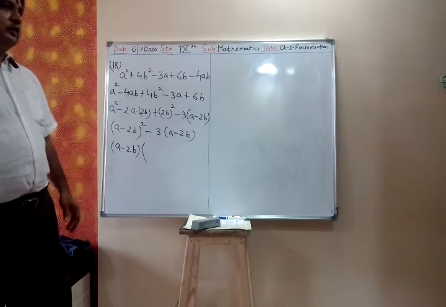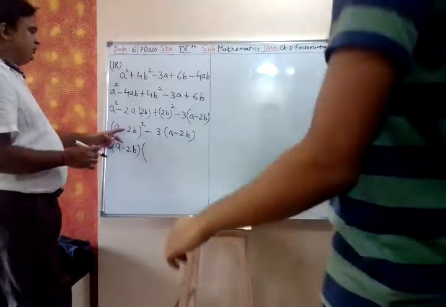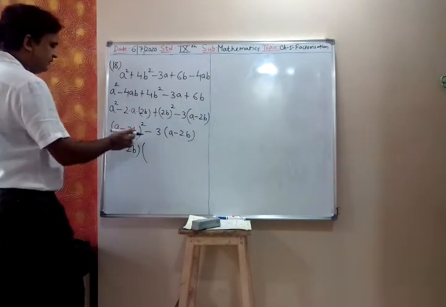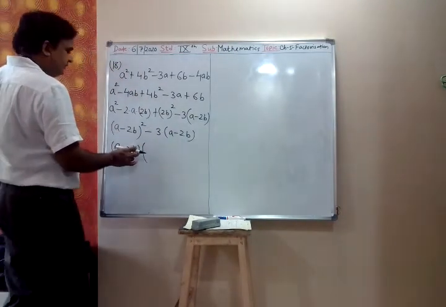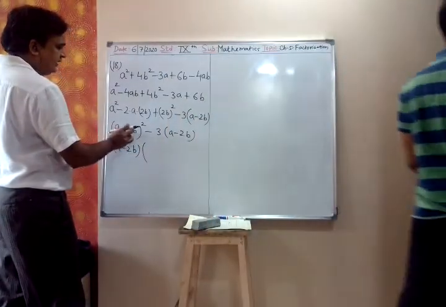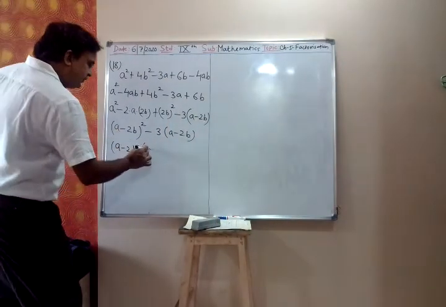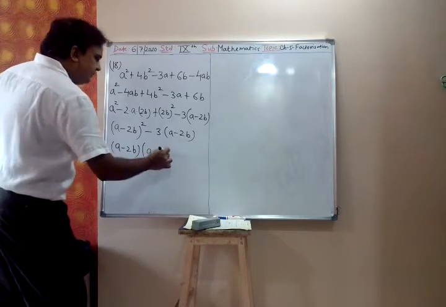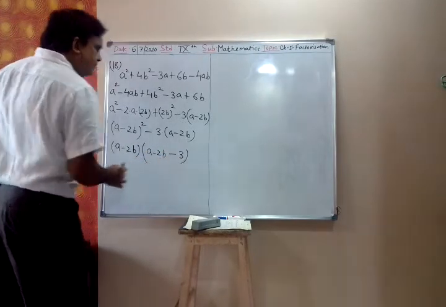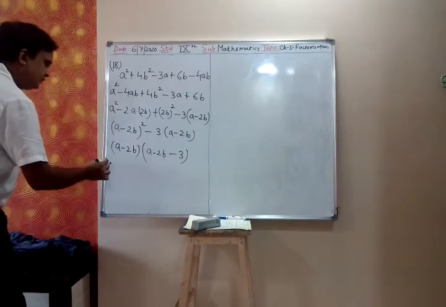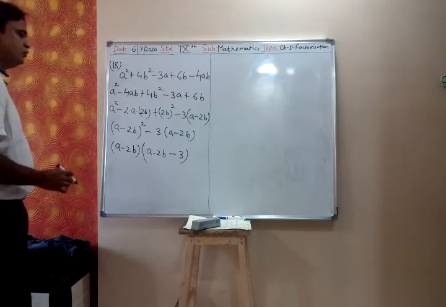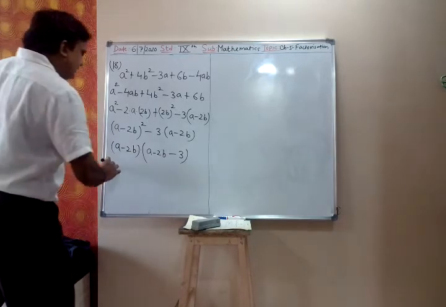Okay. a minus 2b is common. a minus 2b whole square, a minus 2b is common. So when I will take a minus 2b common, what is left? a minus 2b is left. Then second, minus 3 is left. So this is a minus 2b into a minus 2b minus 3, and this is the answer.